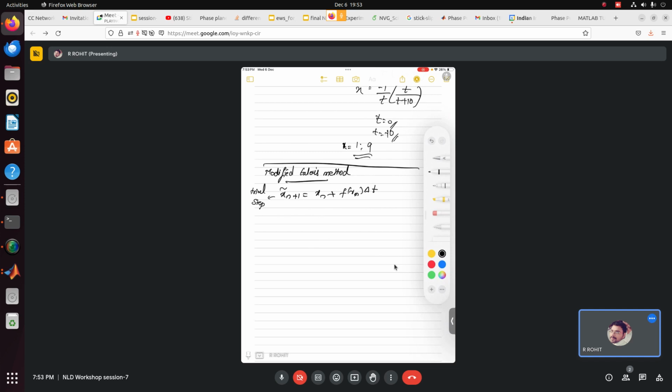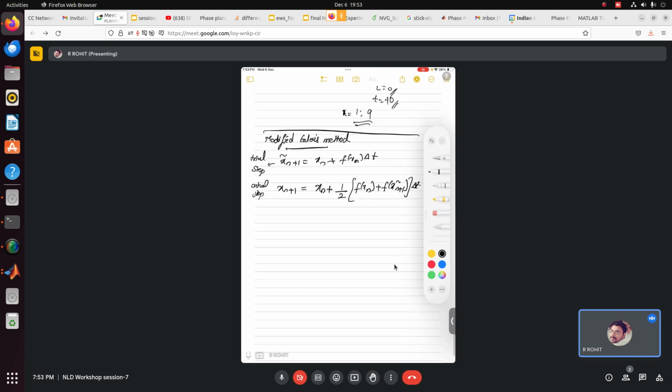And now the actual value of xn plus 1, which is the actual step to get the required solution, is considered as xn plus the average of the velocity for xn plus the velocity for xn plus 1 tilde, times delta t.